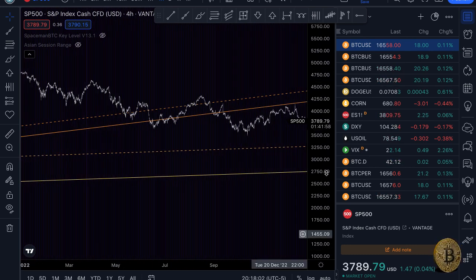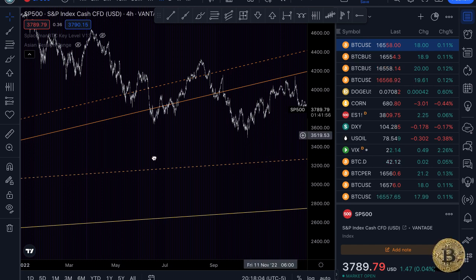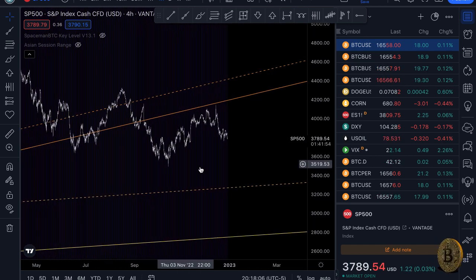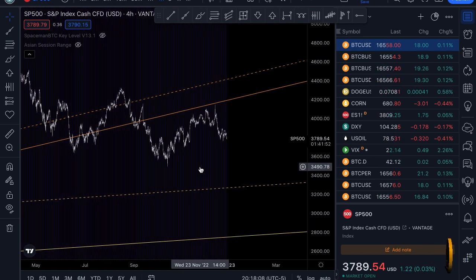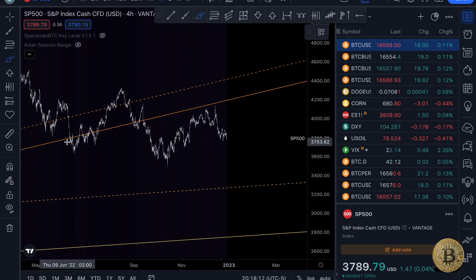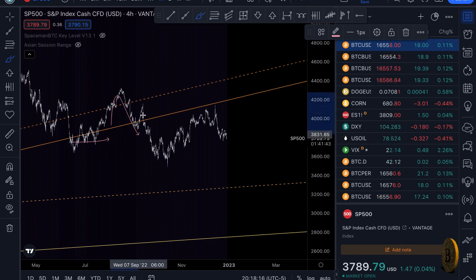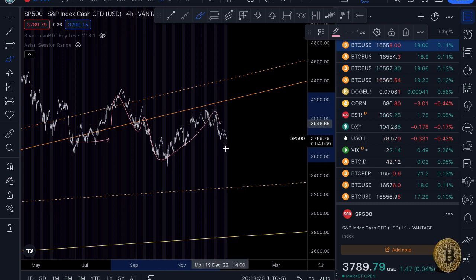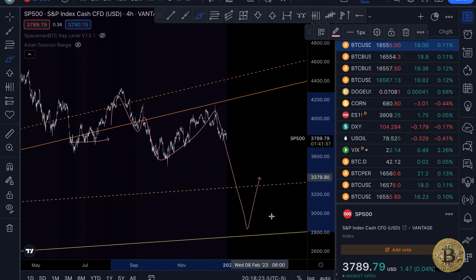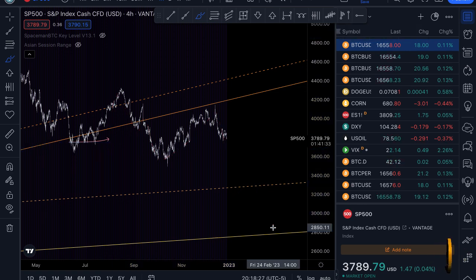Looking at this, you can see that we're quite bearish. I believe we first broke down here, came back above, broke down again, and now we're retesting here and looking like we're going to sell off into this area. 2,800 on S&P, quite low.